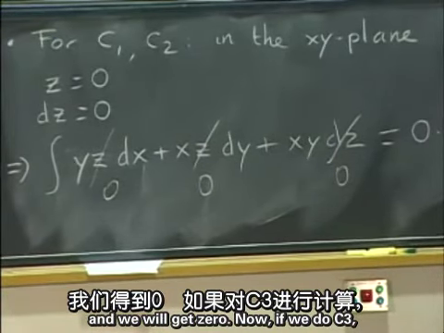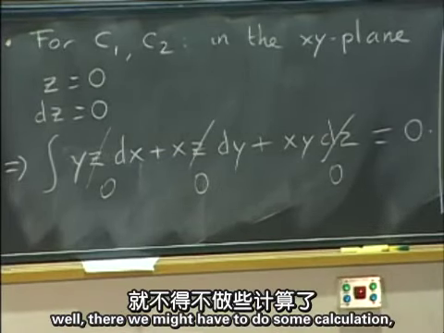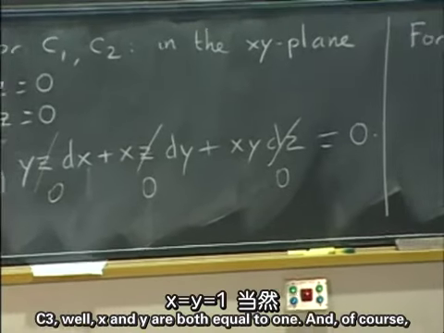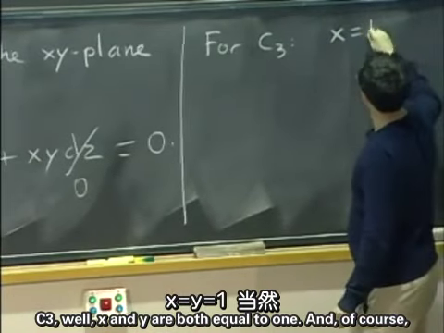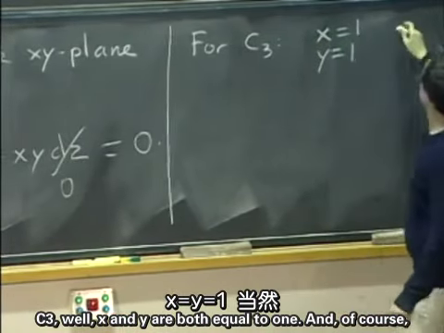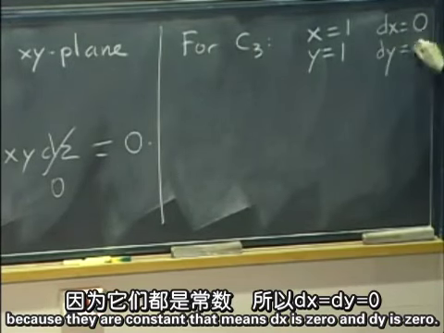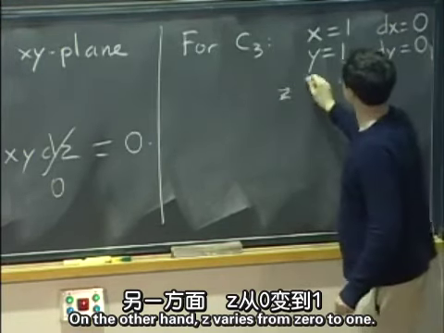Okay. Now, if we do C3, well, there we might have to actually do a calculation, but it won't be all that bad. So C3, well, x and y are both equal to 1. And of course, because they're constants, that means dx is 0, dy is 0. And on the other hand, z varies from 0 to 1.